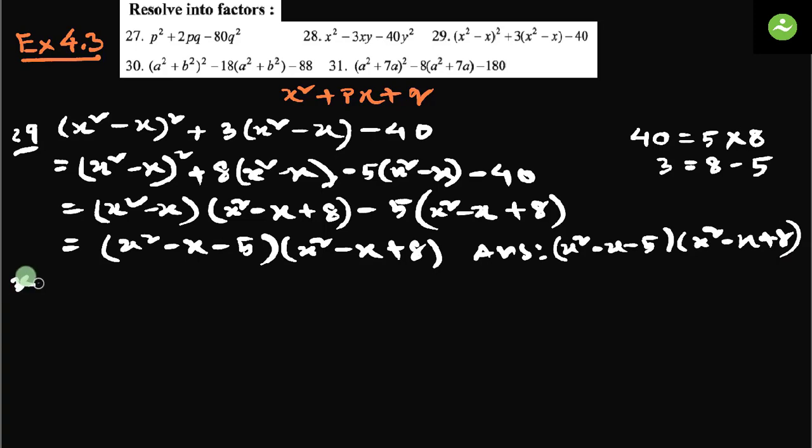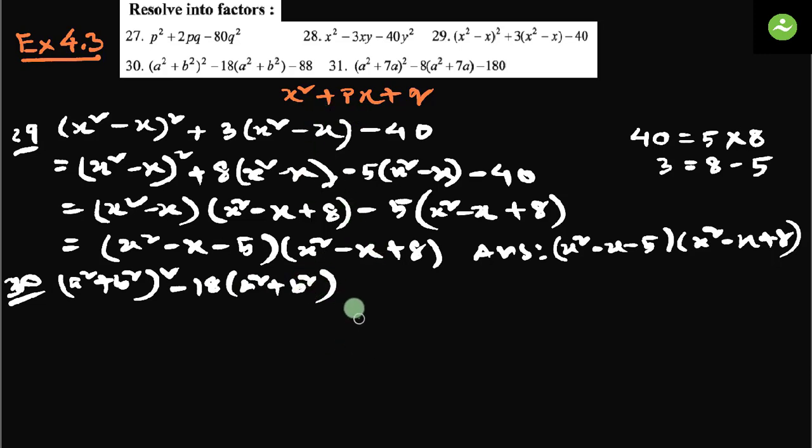Number 30. a square plus b square whole square minus 18 into a square plus b square minus 88.